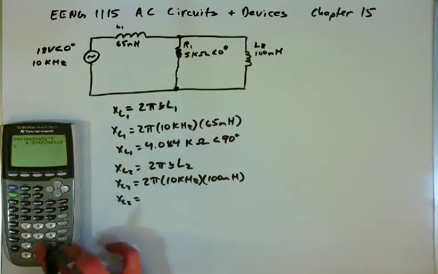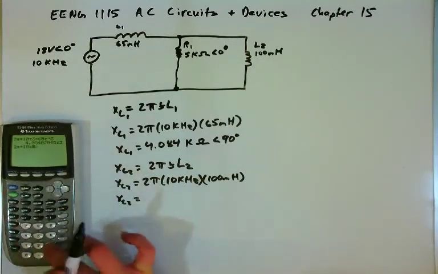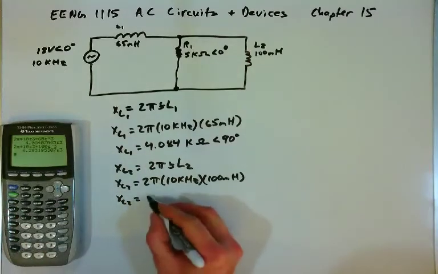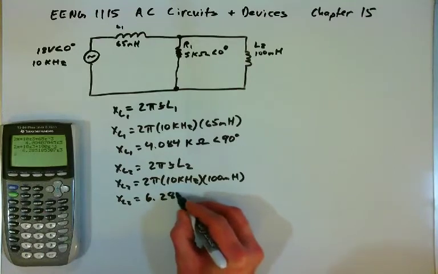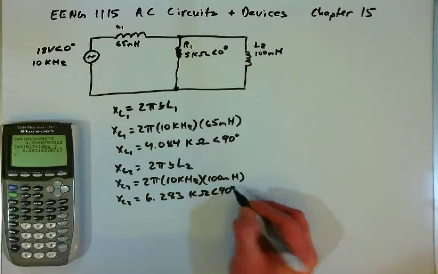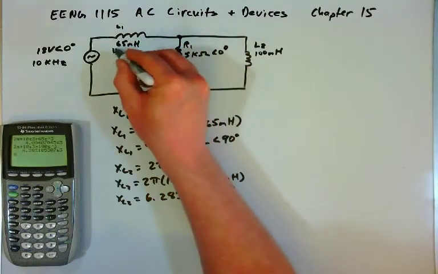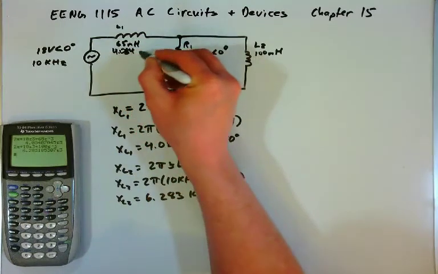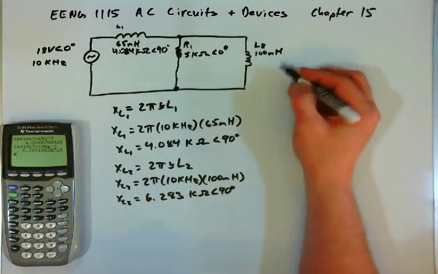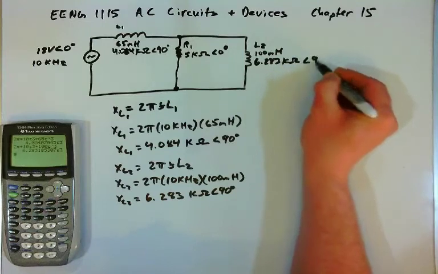And so X sub L sub 2 will be 2 times pi times 10 kilo times 100 milli, and we get 6.283 kilo ohms, and again that is always at positive 90 degrees. So X sub L sub 1 is 4.084 kilo ohms at an angle of 90 degrees, and X sub L sub 2 is 6.283 kilo ohms, again at positive 90 degrees.